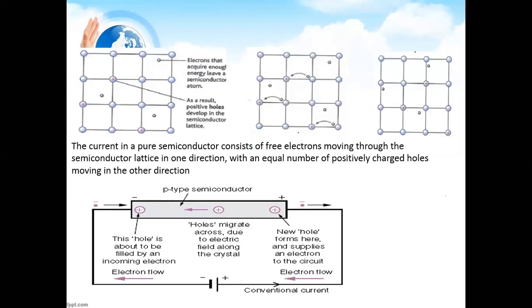Okay. Here, when you see this shape, you are going to see that when you apply a voltage source over here, the holes, these are the positive ones, and the electrons are going to move in opposite directions. As you see, electrons go to the right, but the holes are moving towards the left side.